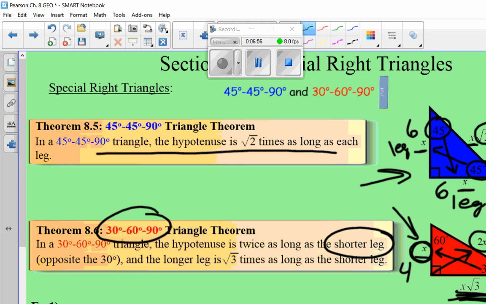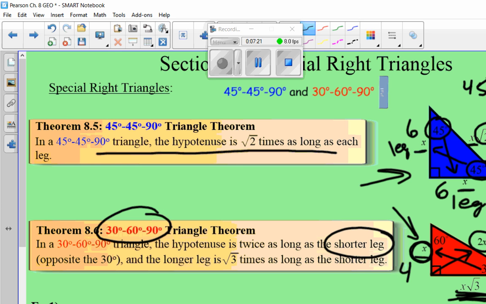So the problem here is that we get these two kind of mixed up. We forget what we're supposed to multiply it by and whatever. You got to find a little trick to remember it. So I remember when I was a kid doing this, in a 45, 45, 90 triangle, you had 2 angles that were 45 degrees, and I would take each one and multiply it by the square root of 2 to get the hypotenuse.